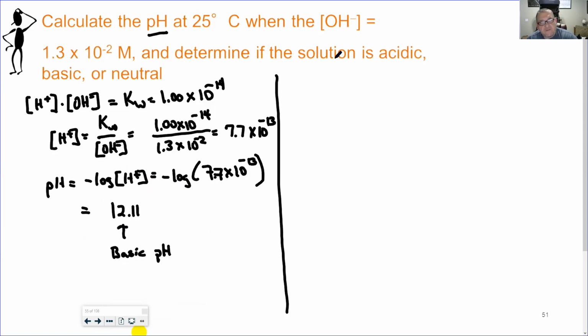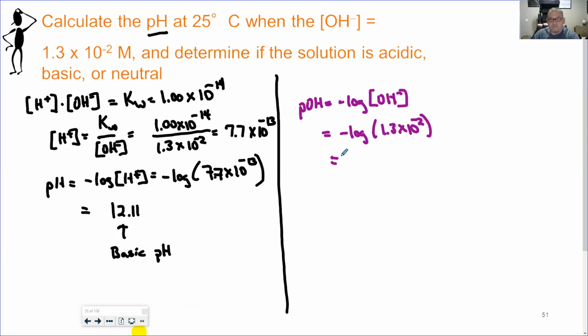So if I know what the OH minus is, I can simply find out what is the pOH. pOH is equal to the negative log of the OH minus. So it's the negative log of 1.32 times 10 to the minus 2. And same in the calculator, I have the same issue.